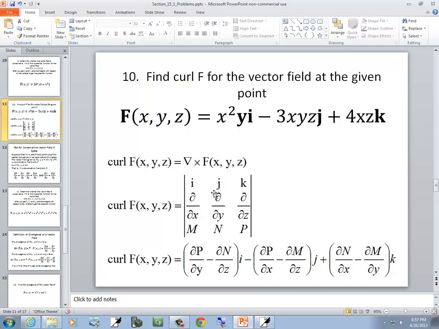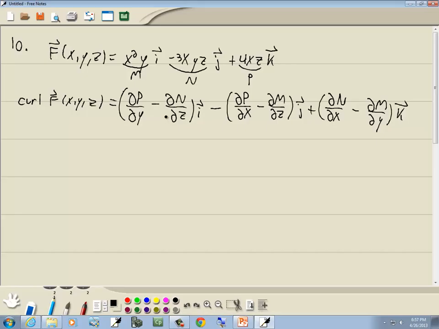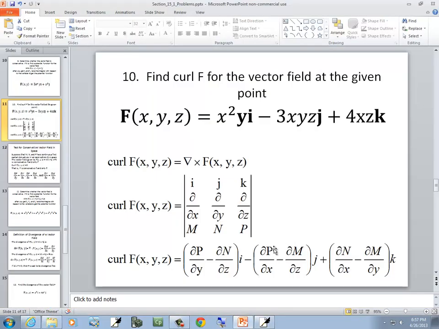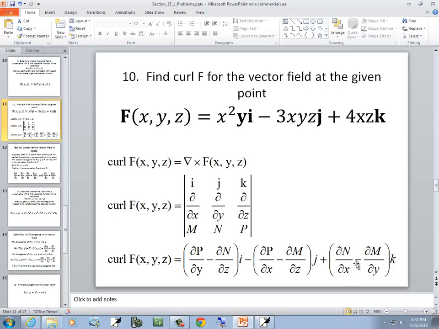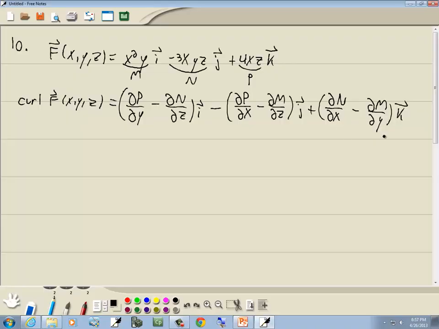Let me double check all that. Py nz, py nz, px mz, px mz, nx my, nx my. Okay, that's all correct.